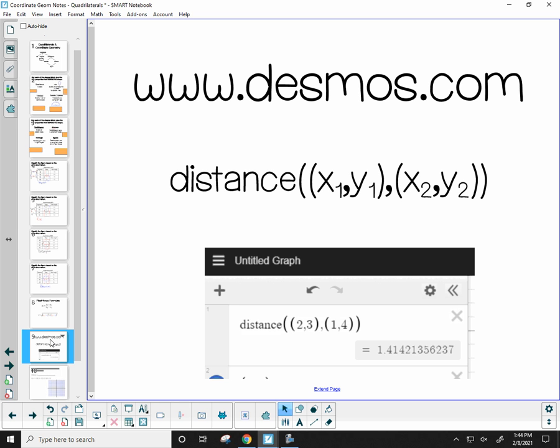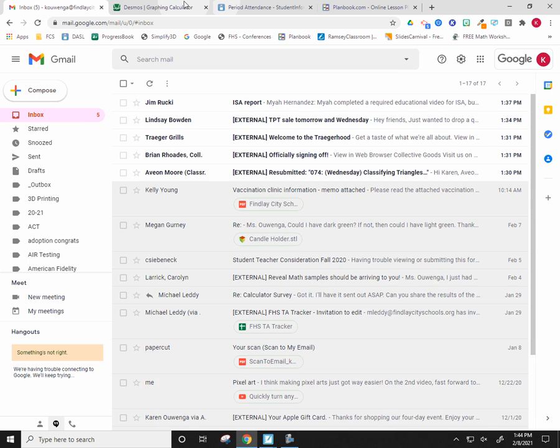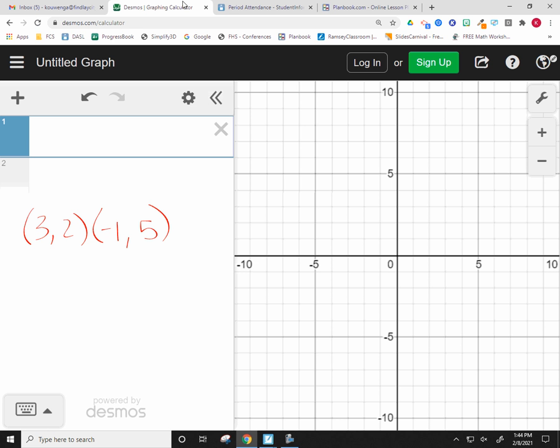Go to desmos.com. I'm going to teach you how to find the distance using this. You will have access to this on the air test.